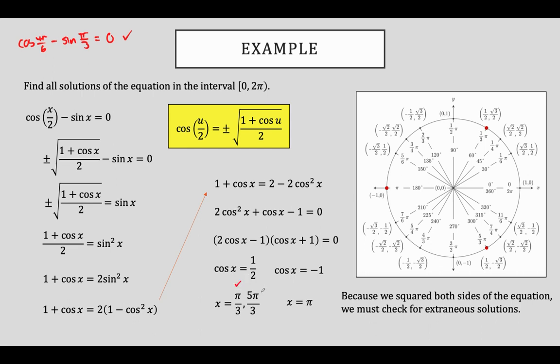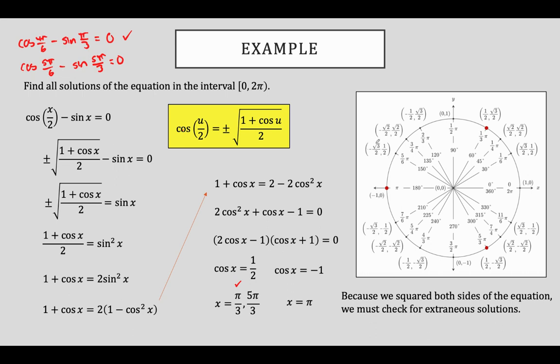Then we can test 5 pi over 3. Well, if I plug in 5 pi over 3 for x, that gives me the cosine of 5 pi over 3 divided by 2. That would be 5 pi over 6 minus the sine of 5 pi over 3. And we want that to equal 0 as well. Well, cosine of 5 pi over 6. Here's 5 pi over 6.